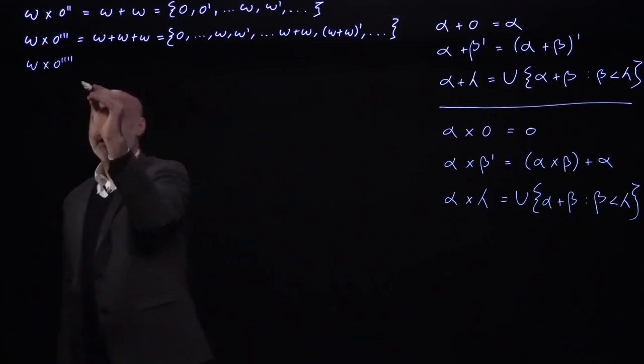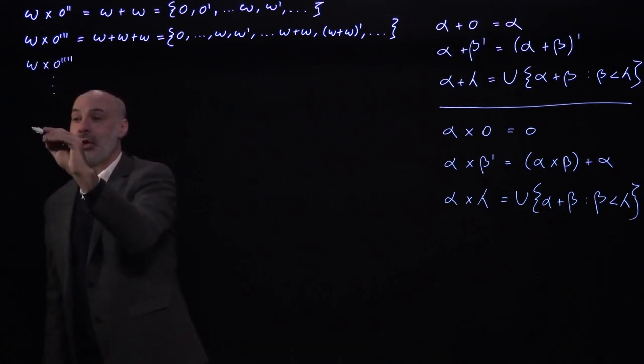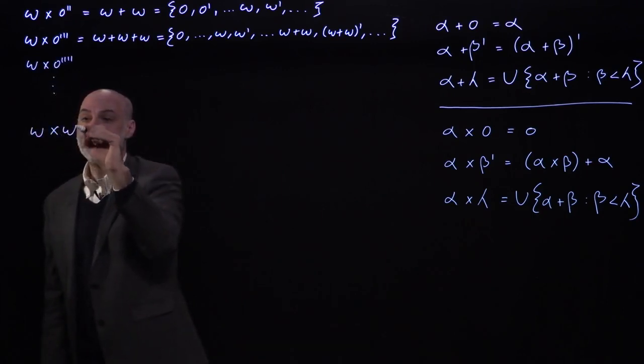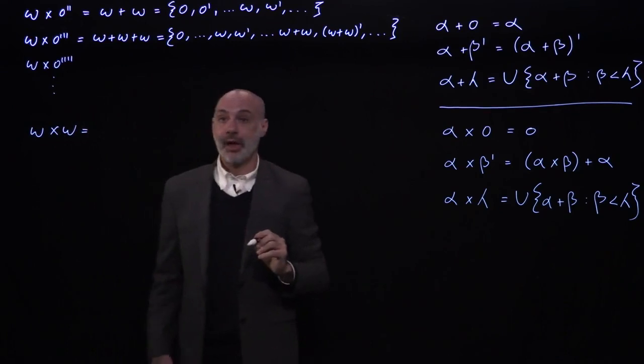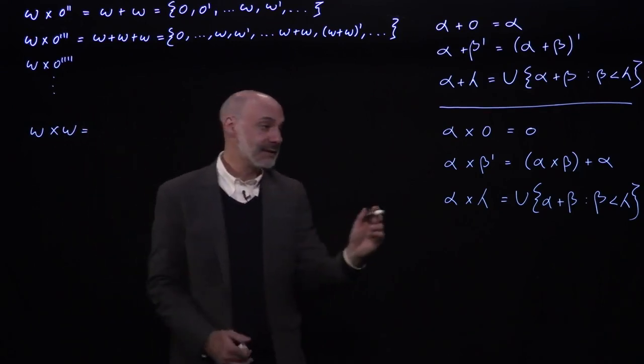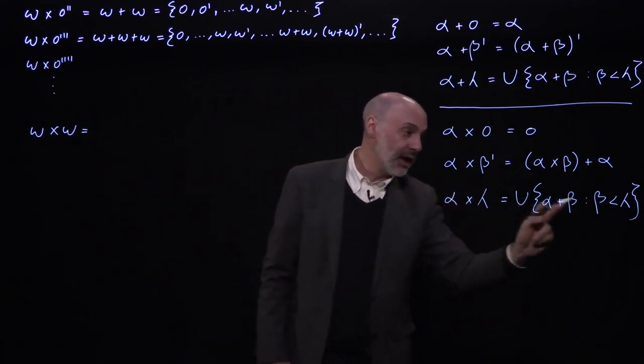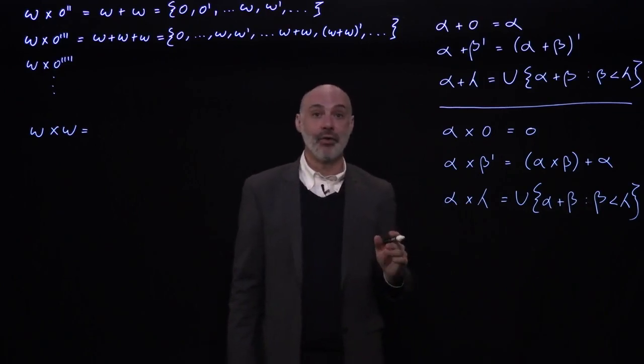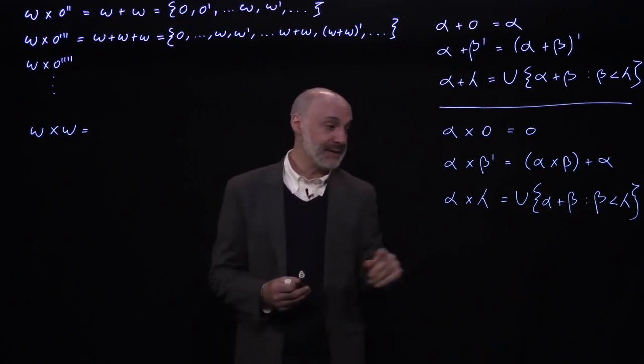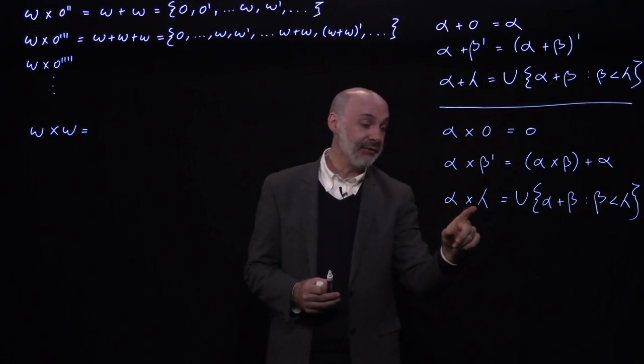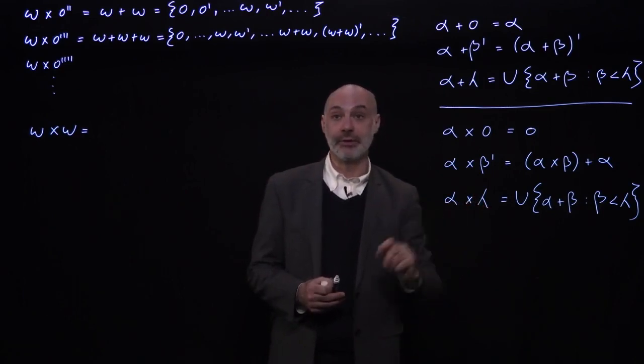Now, what about omega times omega? Well, that'll give us a chance to look at the third clause in our definition of ordinal multiplication, which corresponds to the case where what we're multiplying by alpha is a limit ordinal.